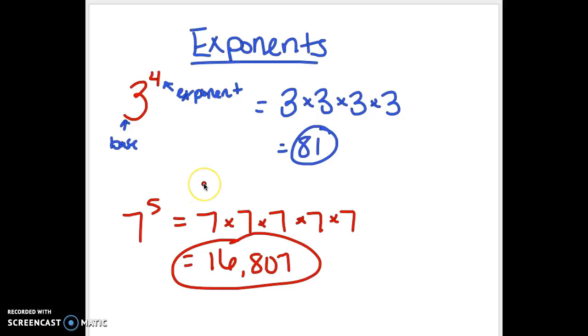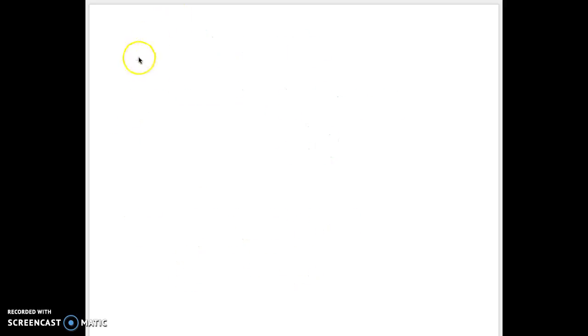Now, if you have a power of 10, okay, so 10 to any power. So let's say we have 10 to the 3rd power. This only works with tens. Okay, your exponent tells you how many zeros altogether that you have.